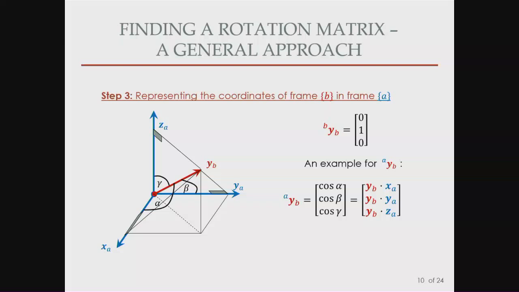Okay, so cosine beta is the projection of YB onto YA, and cosine gamma is the projection of YB onto ZA, right? And if I know the orientation of frame A and the orientation of frame B, I should know all of these alpha, beta, gamma angles, right? But now, in general, if this is just YB, and I need to do the same for XB and for ZB to get the rotation matrix, I will need 9 such angles, right?